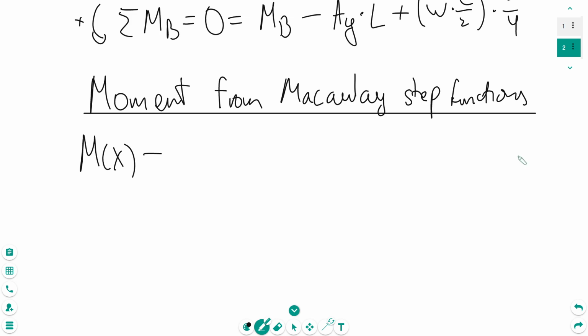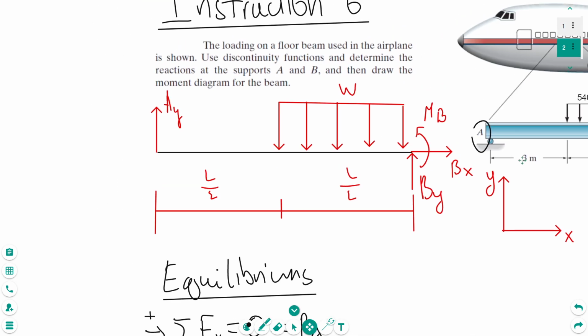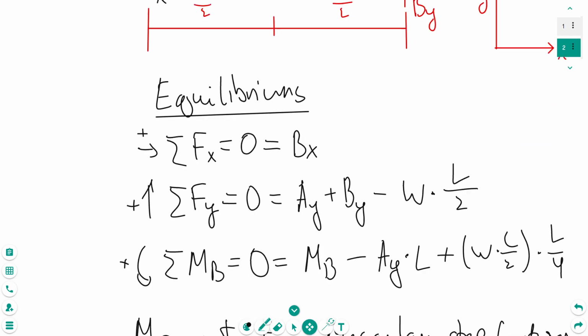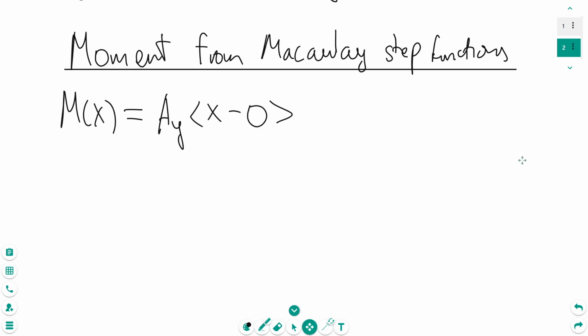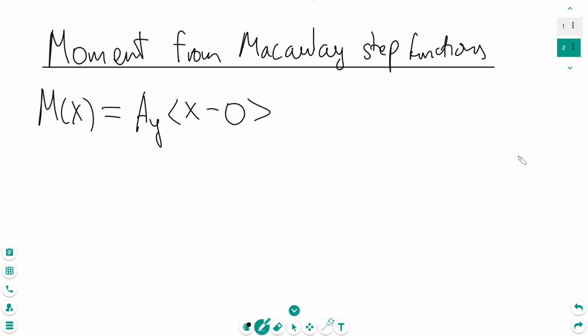We have a moment at x, where x is defined as starting at this point and progressing towards here. So the moment is therefore defined by the contribution of AY, which is AY times x minus 0 because it is present from the very beginning, minus W over 2 times x minus L over 2 squared, as it is a distributed force contribution.